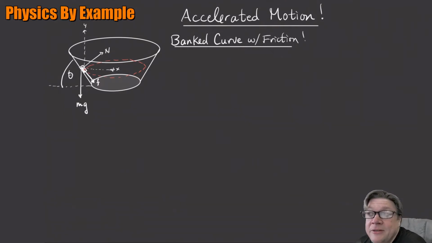That's another reason why I want to show you this problem: we established a rule on inclined planes that we twist our coordinate system, but there's always an exception. This is an exception to that rule. Because the acceleration is not pointed up and down the plane, it's pointed to the center of the circle, that's how I'm going to do my coordinate system.